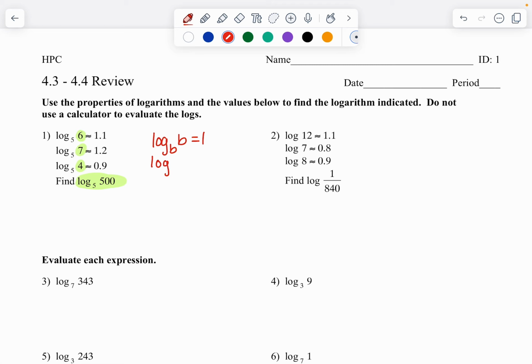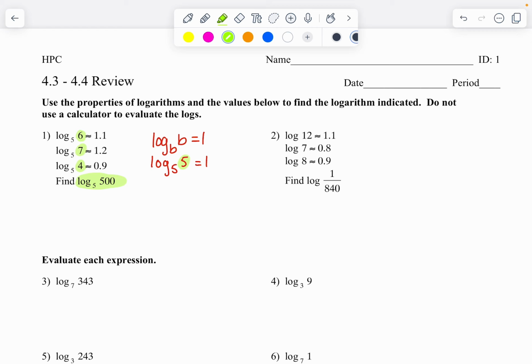So I know log base 5 of 5 is equal to 1. So you can use 5 in addition, rewrite 500, and then expand using your properties. So if they're all multiplied together, expand it with addition.